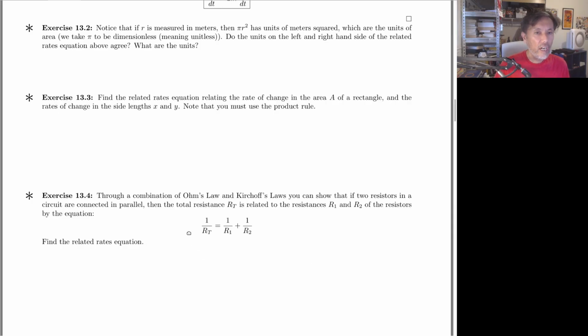And finally, here's a problem involving circuits. This equation here, which is useful in circuits, asks you to find a related rates equation relating the rates of change of R_T, R_1, and R_2.